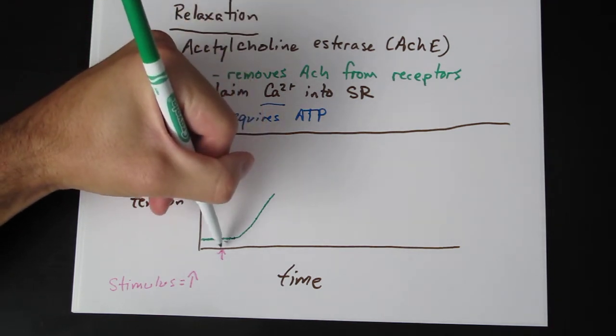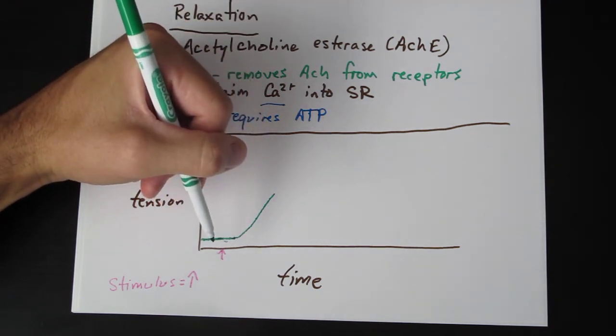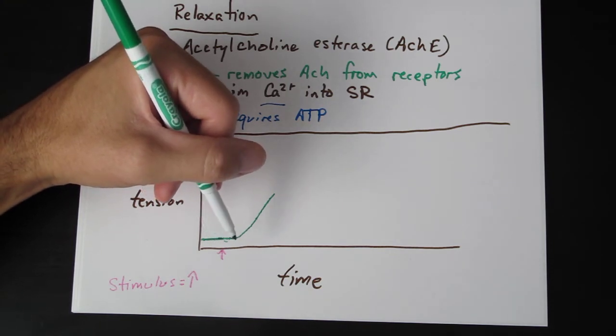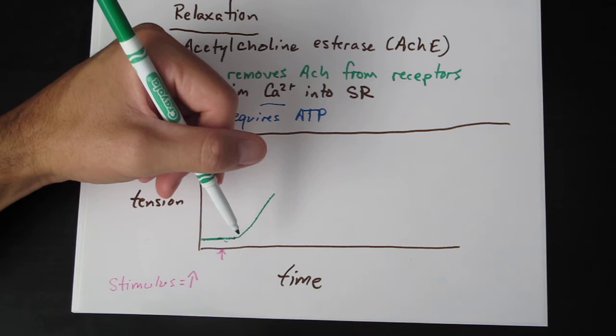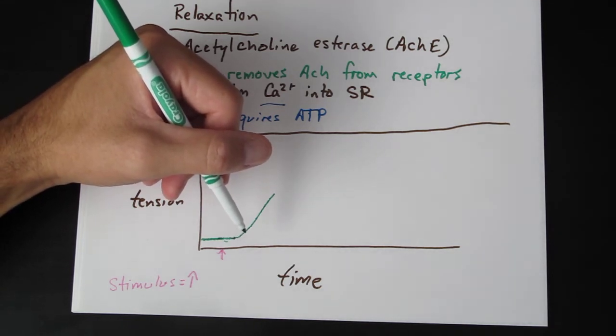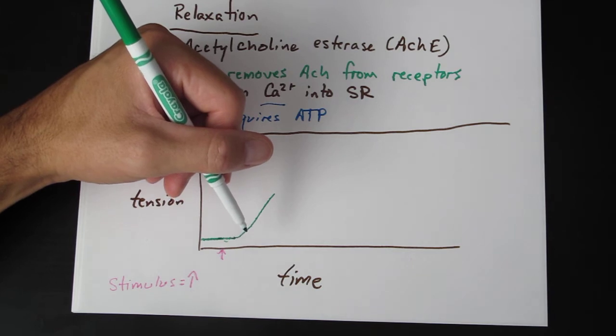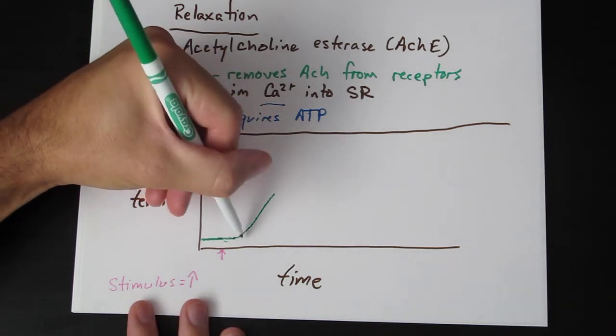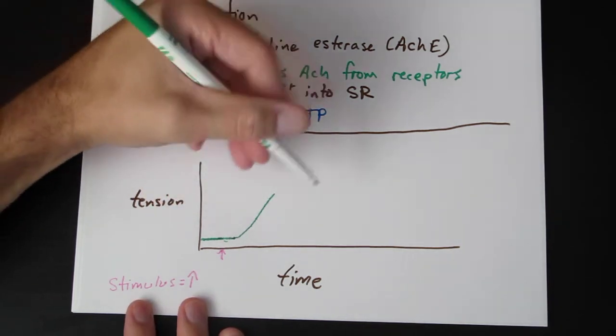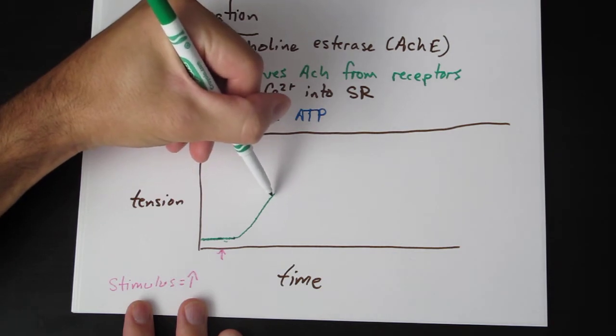We see the release of acetylcholine from the neuronal cell. We see the binding of acetylcholine, the movement of sodium and potassium. We see the depolarization of the muscle cell, the release of calcium from the sarcoplasmic reticulum, so on and so forth. All of that takes a little bit of time. But then the muscle is going to gain tension.